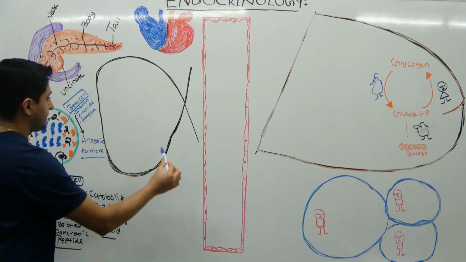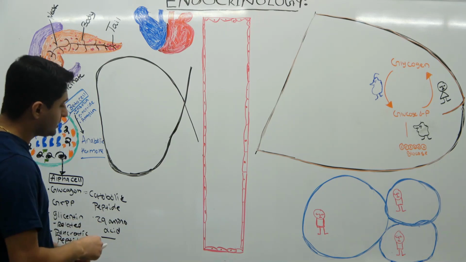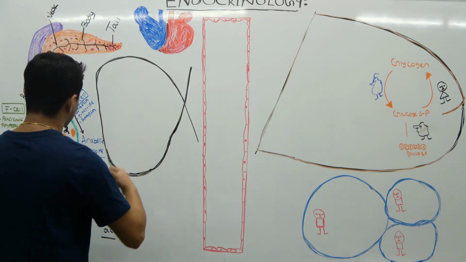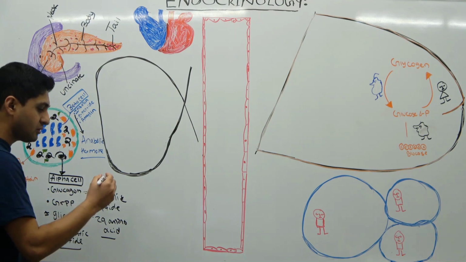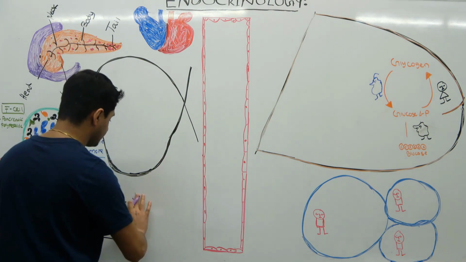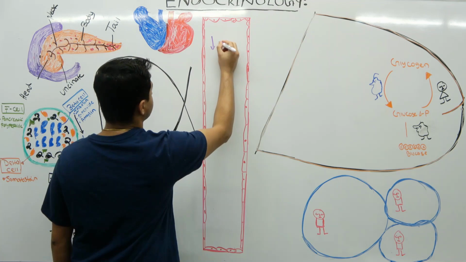And look at these cells right here. This is the alpha cells I drew. So what is happening here that we talk about, right? The synthesis of glucagon takes place whenever there is a low level of glucose in your plasma. So there is a low plasma level of glucose.